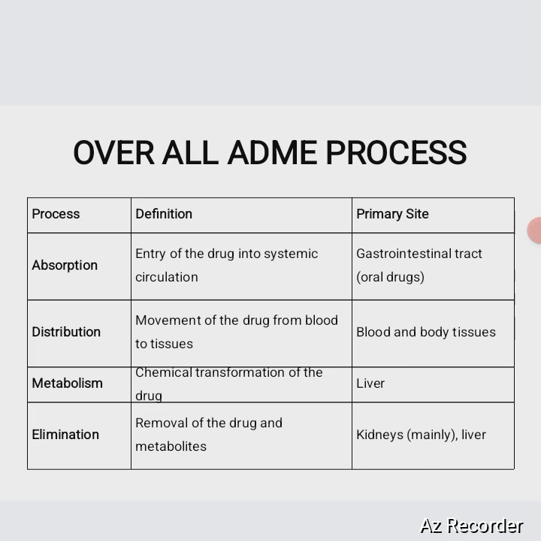The third one, metabolism: chemical transformation of the drugs. We have two types, phase 1 and phase 2, and the main site is the liver. And finally, elimination: the removal of drugs and metabolites, the primary sites being the kidney and mainly the liver.